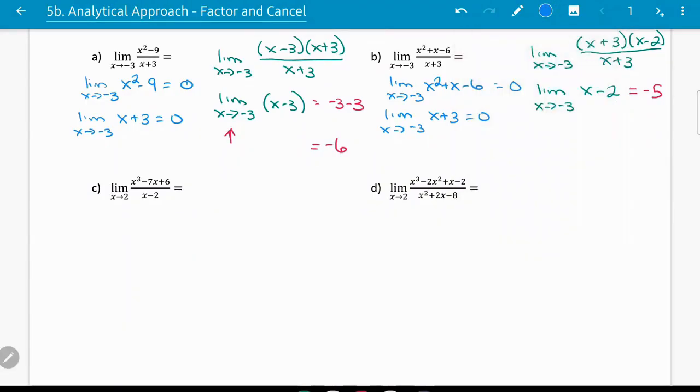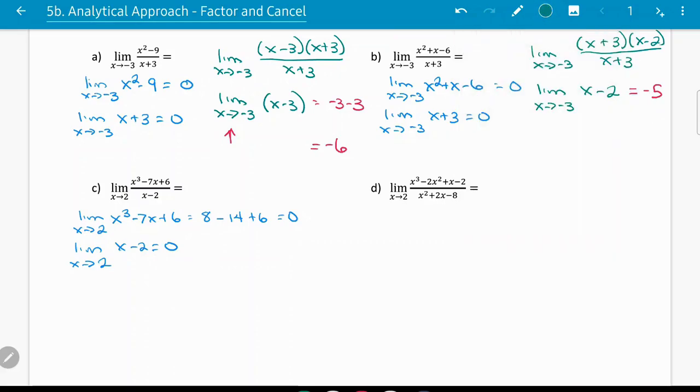Looking at example C, again, we have the limit as x approaches 2 of x cubed minus 7x plus 6, and that's going to be 8 minus 14 plus 6, which is 0, and then the limit as x approaches 2 of x minus 2 is also 0.